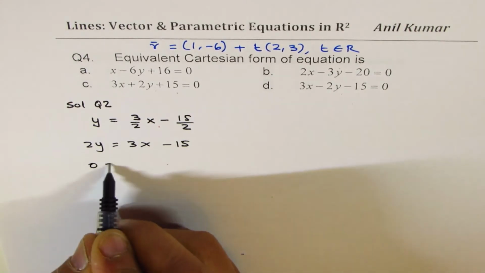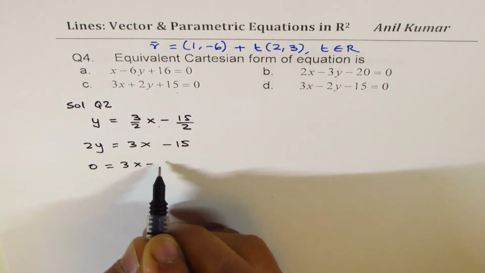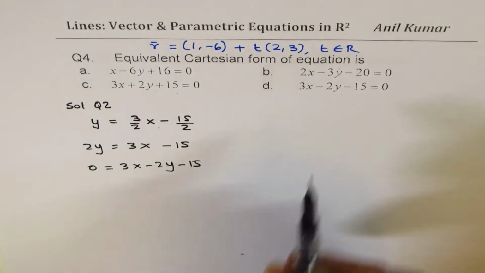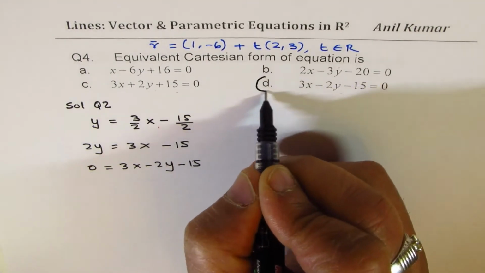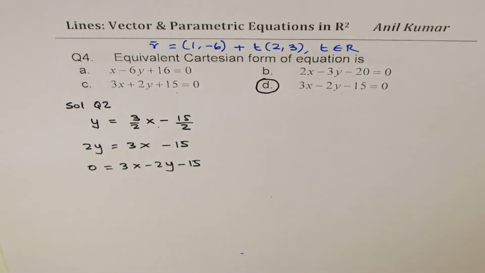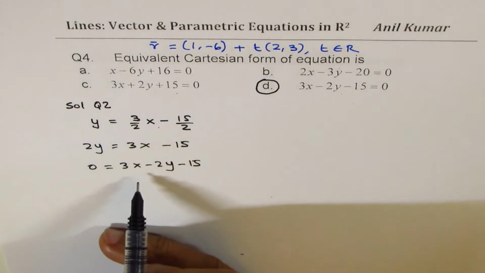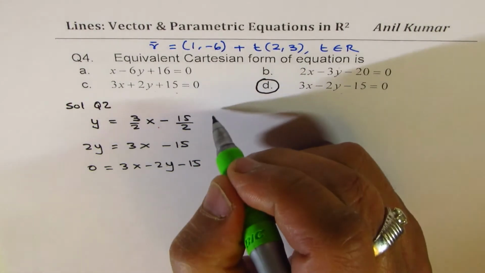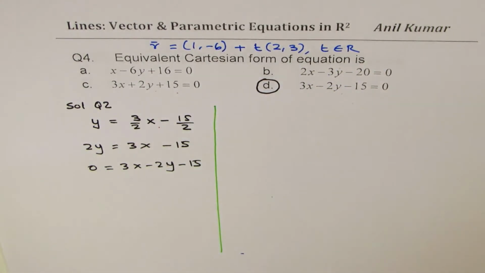Bringing them together gives us 0 equals 3x minus 2y minus 15. So 3x minus 2y minus 15 is option D. So that becomes the correct option. So you have to first derive this and then get your solution. This is one way of doing it. Let me show you another way of solving this question.